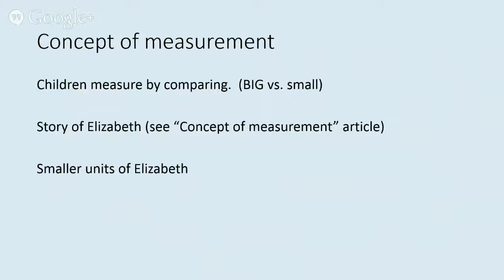A child will talk about something that is big as opposed to something that is small or smaller. That's quite an interesting concept for children as well. They measure by comparing. And what's also important is to ensure that when you tell children about measurements, you also teach the appropriate measurement unit for them, right?